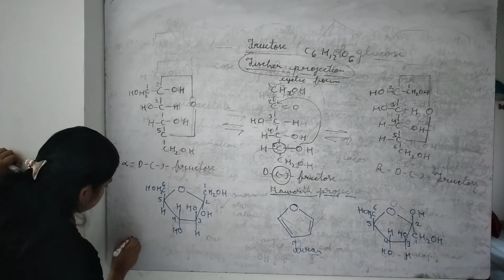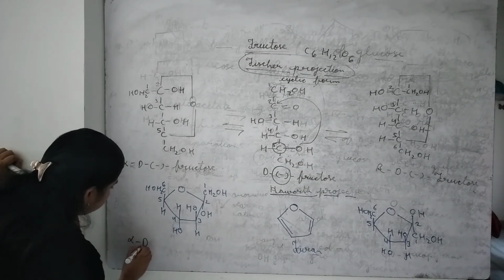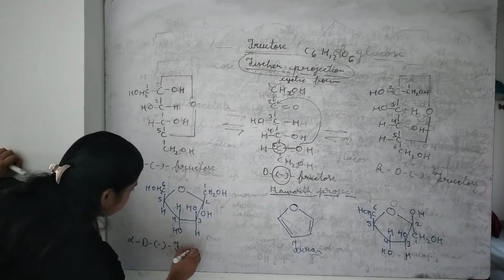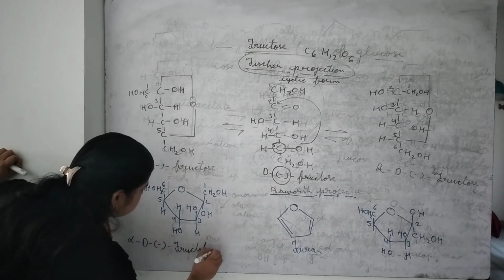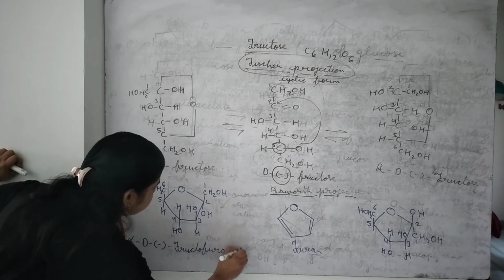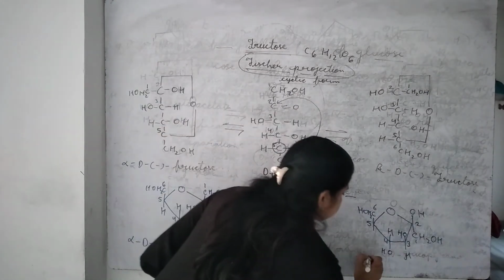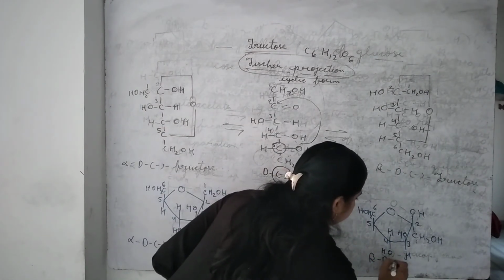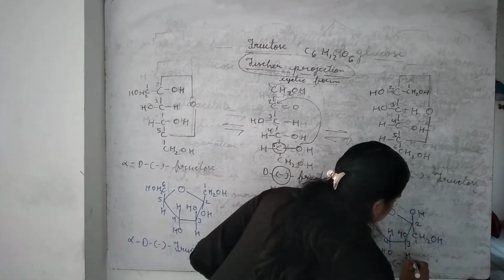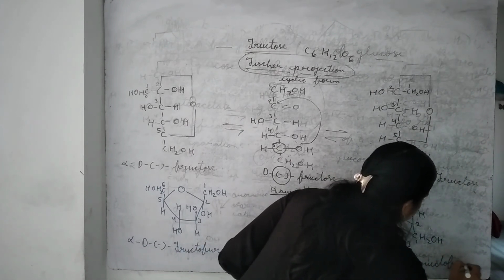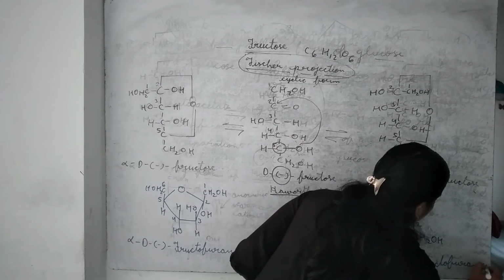Fructofuranose. So it is what? Alpha D minus fructofuranose, and that is beta D minus fructofuranose.